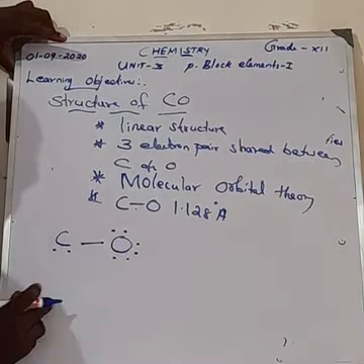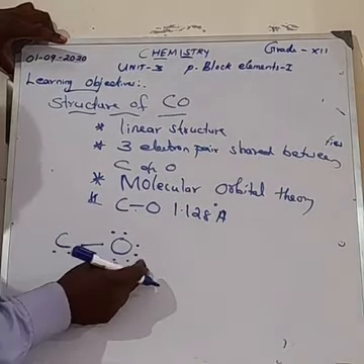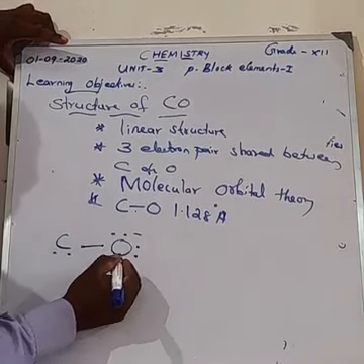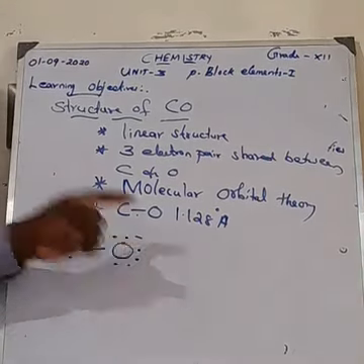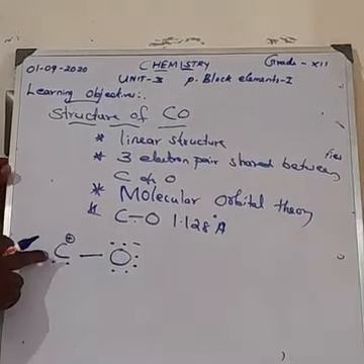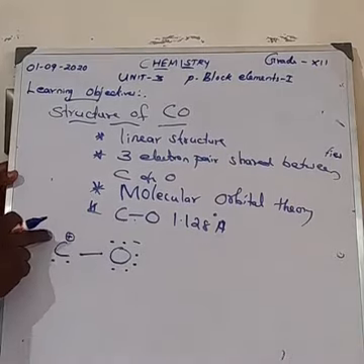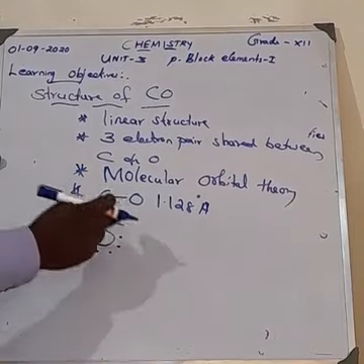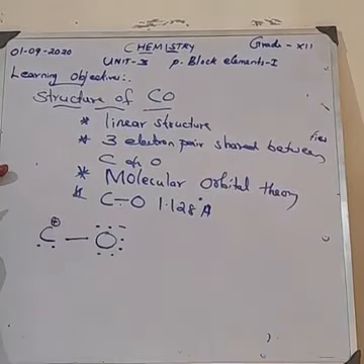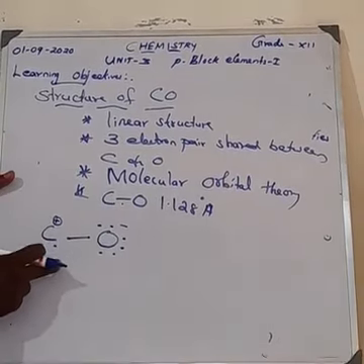So carbon donated an electron to oxygen. Carbon donates an electron to oxygen, so carbon gets a positive charge, and oxygen gains an electron to get a negative charge. This is the first structure.